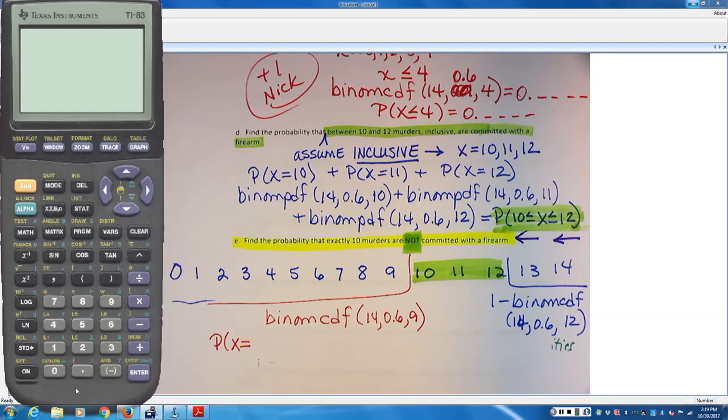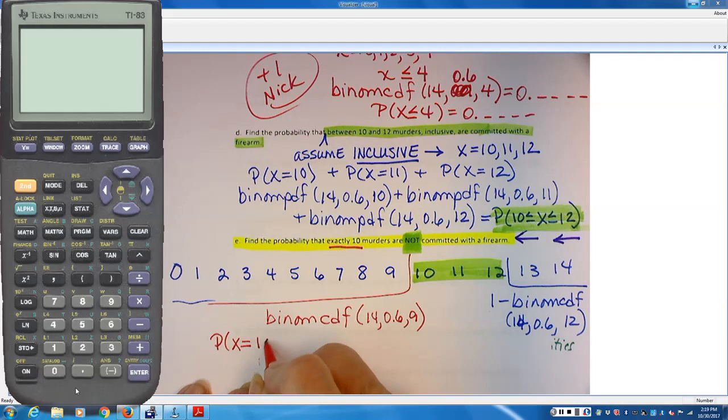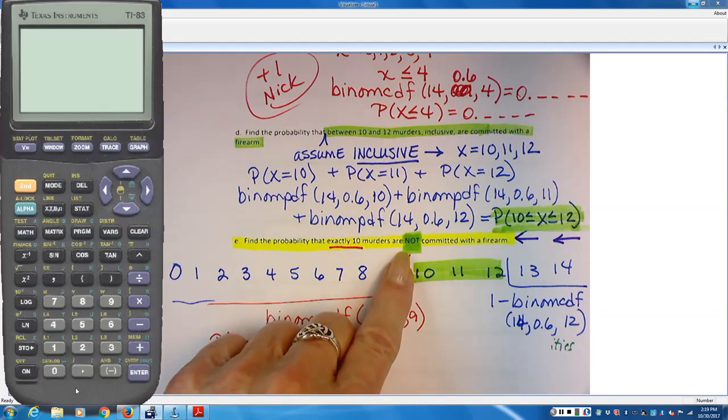It says exactly 10. What's changed? Yeah, you're going to use Q instead of P, because success now is not committed. They've changed the qualification for what success is. They've made failure into the success.